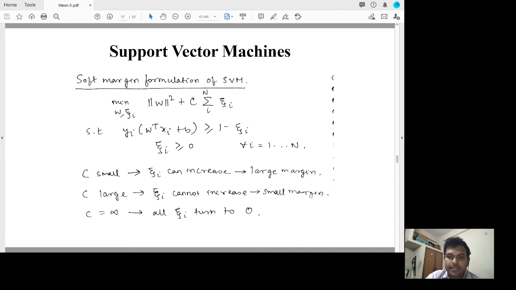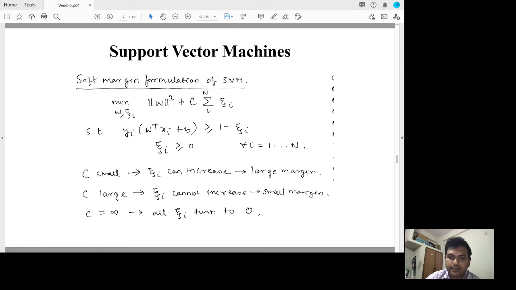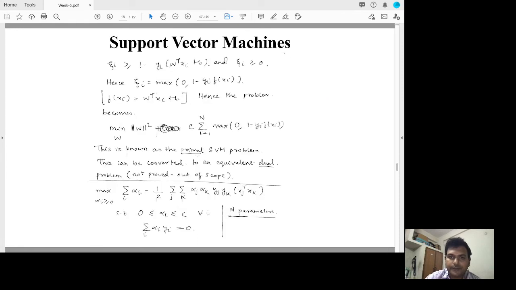So you put xi onto the left hand side and xi becomes greater than 1 minus yi into w transpose xi plus b, correct? Which is this equation. And xi was already greater than 0, that is your another constraint. So you combine these two constraints, which means that xi is the maximum value of 0 and 1 minus yi into w transpose xi plus b.